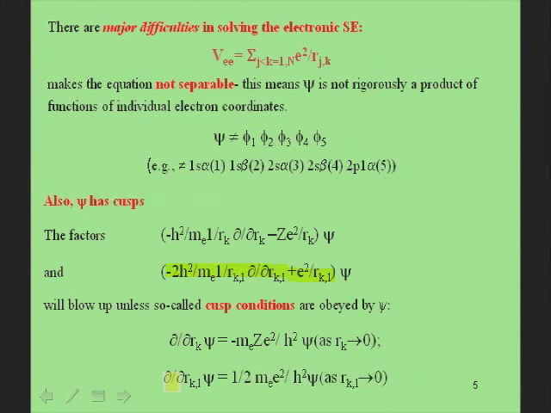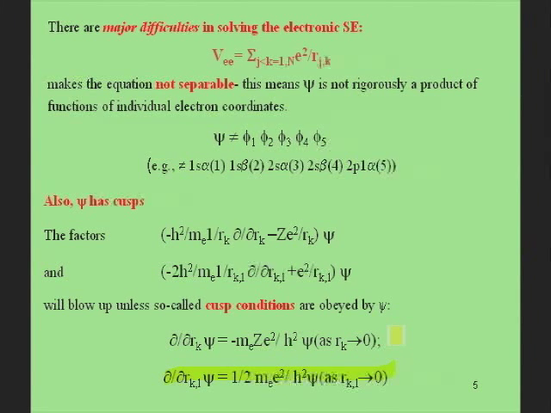What we just talked about in more detail was the electron-nucleus cusp condition. In the electron-electron case, the slope of the wave function as the two electrons K and L approach one another must be positive and have this 1/2 m electron e squared over h bar squared.